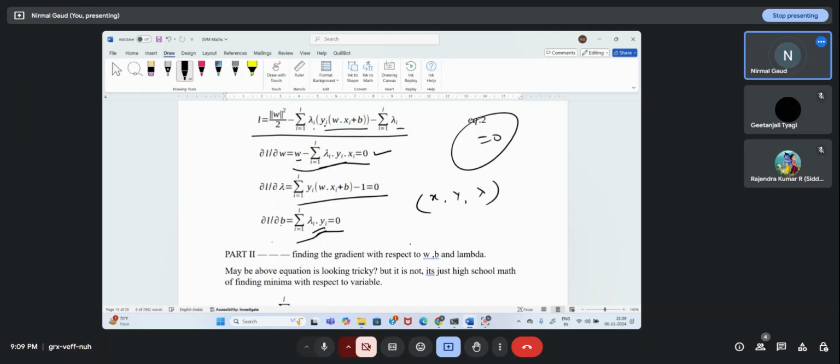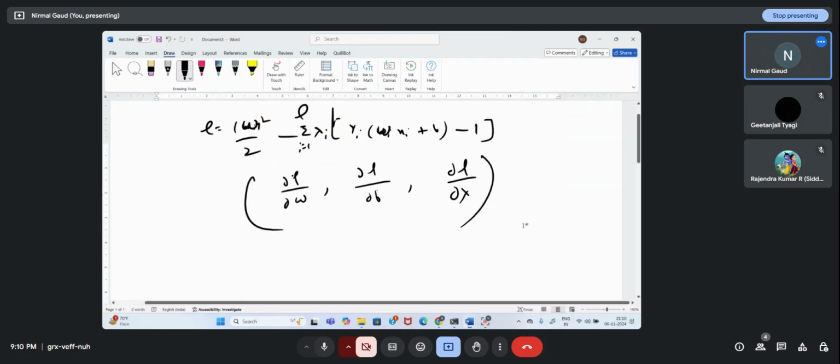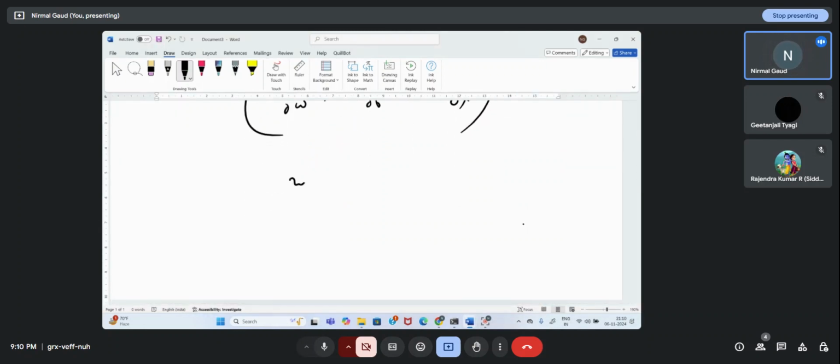You can do it. From the first, I'm getting W equal to lambda i yi xi. So W is equal to the summation of i equal to 1 to L lambda i yi xi. That's the value of W.